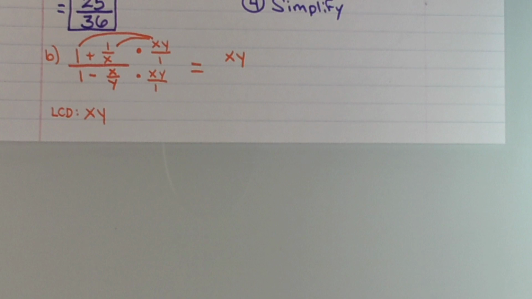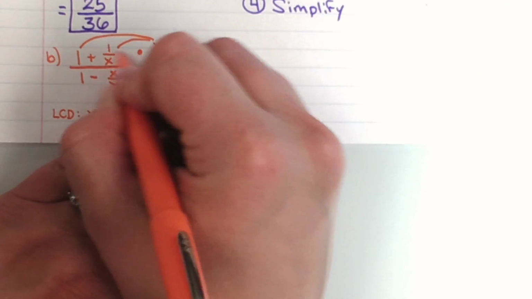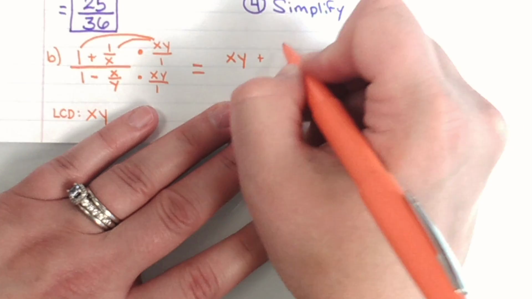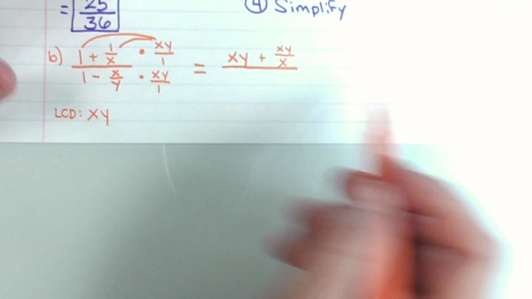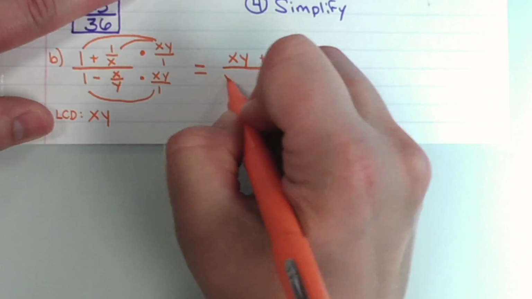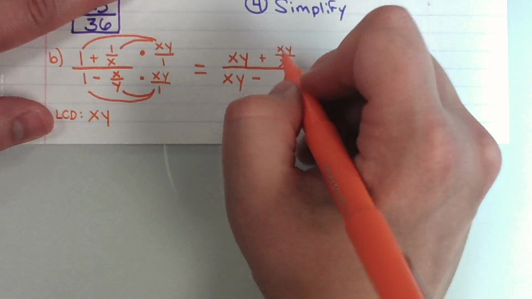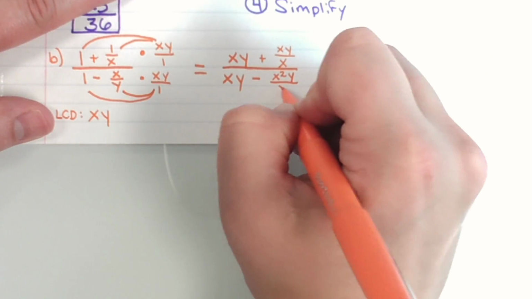But if you jump directly to what I will be considering the next step, I'm okay with that. I'm just going to straight multiply. 1 times xy is xy, and x times 1 is x. Denominator, xy minus x squared y over y.